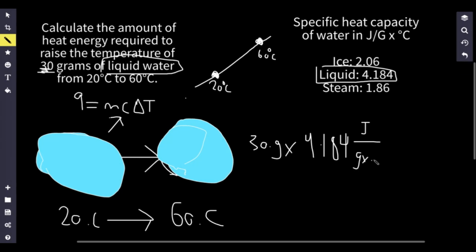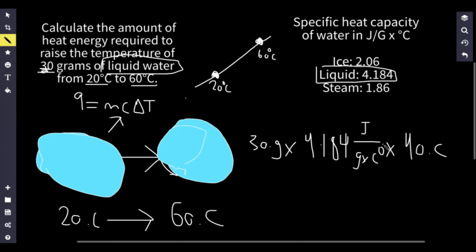And finally, we have our change in temperature, which is just 60 degrees Celsius minus 20 degrees Celsius, and that's going to be 40 degrees Celsius.